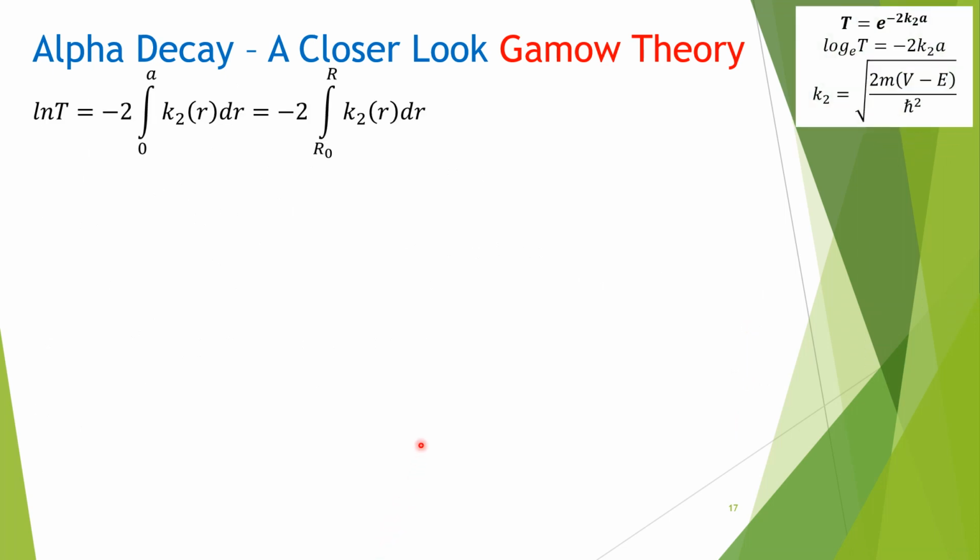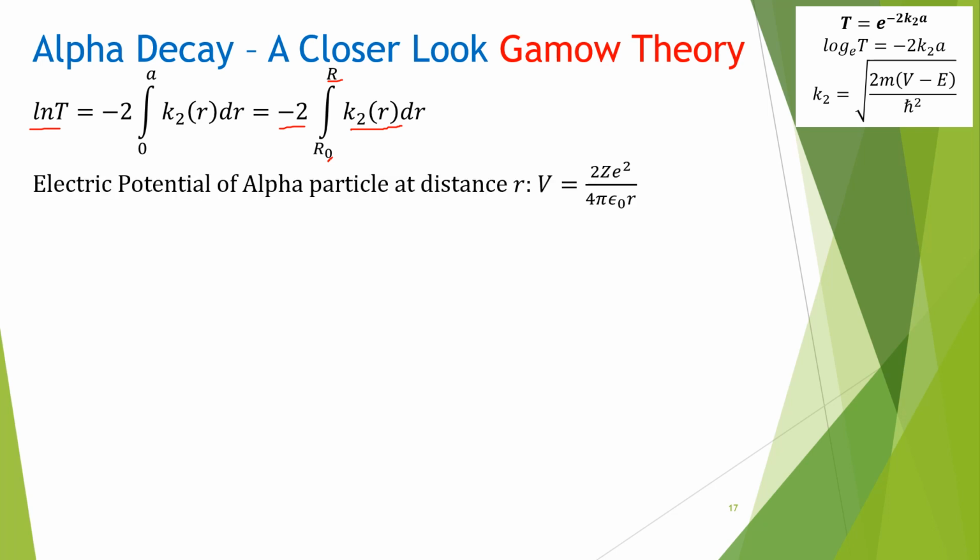Now this is a recap equation, and the last equation was ln T equal to minus 2 into integration k2(r) dr, limits running from r0 to R. Now the potential of the alpha particle: 2e is the charge on the alpha particle and Ze is the charge on the daughter nucleus.